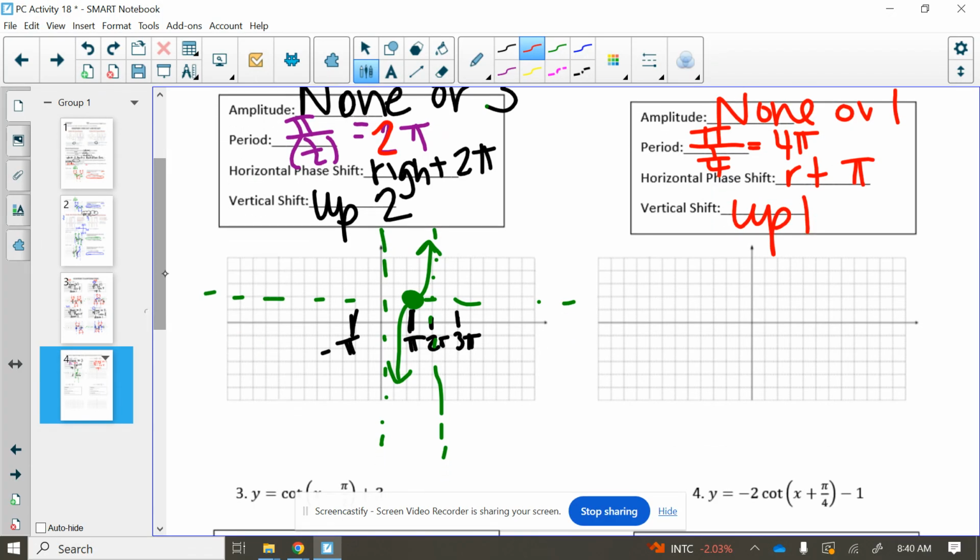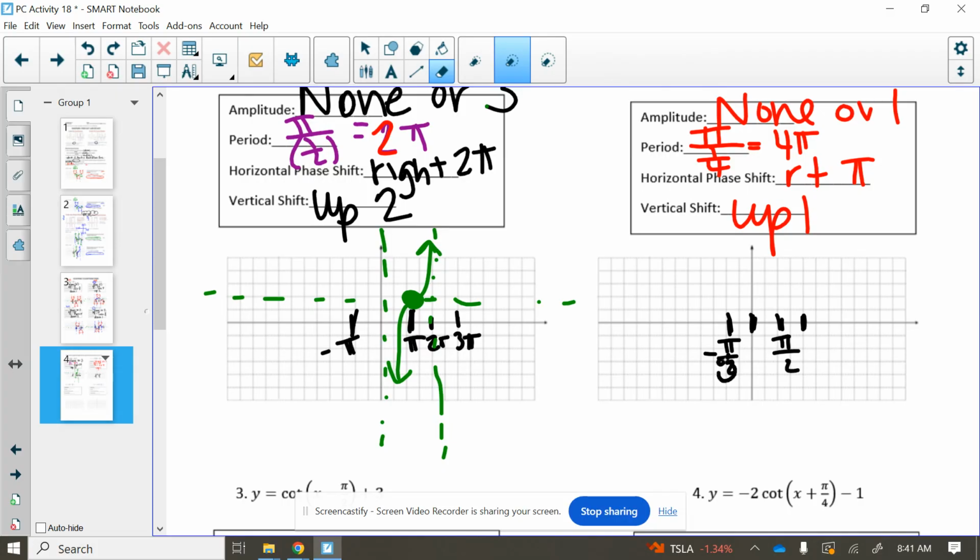So on this one, normally our parent function for our tan graphs are repeating by pi over 2 and negative pi over 2. This time we are 4 times bigger, though. So we're going to multiply these by 4. And instead, these are going to repeat negative 2 pi, positive 2 pi.